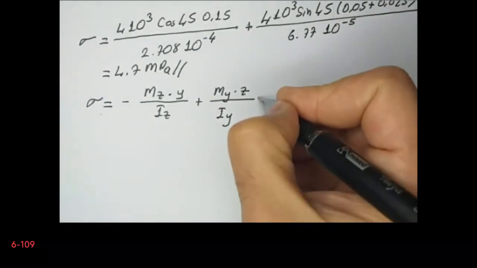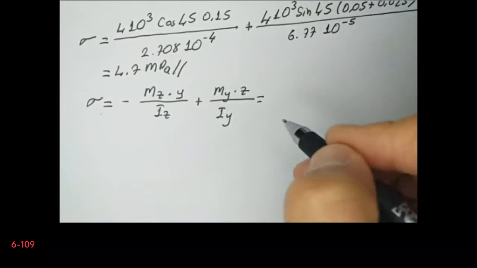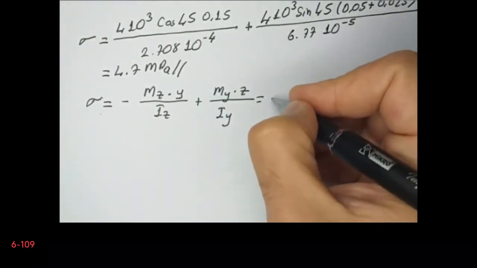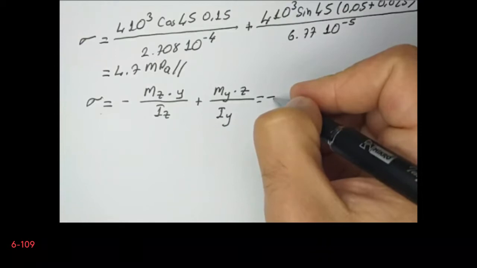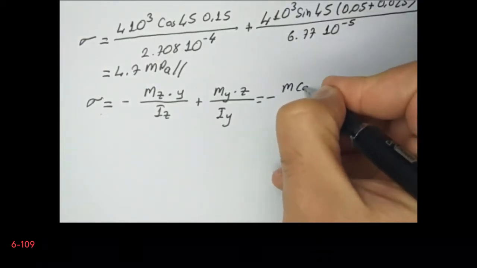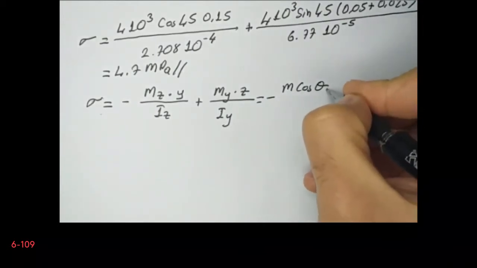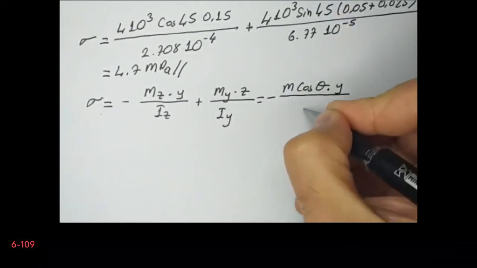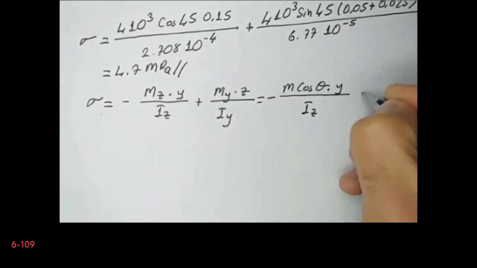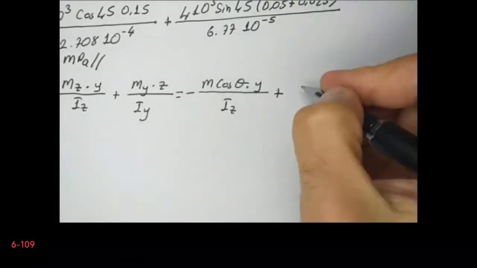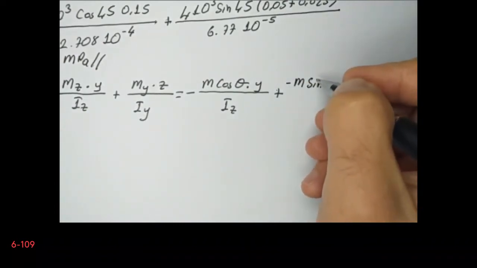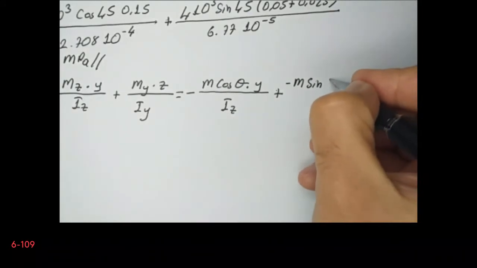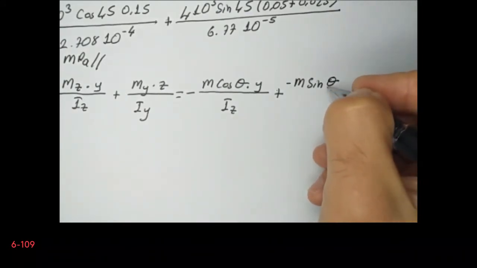Therefore, from here, Mz is equal to M cosine theta multiplied by y divided by Iz, plus, this is minus, sine theta multiplied by z divided by Iy.